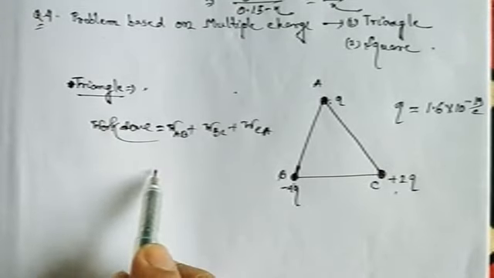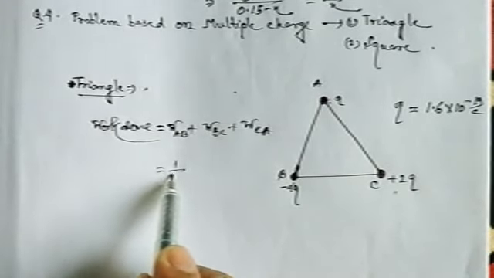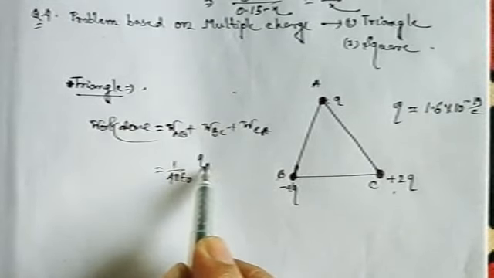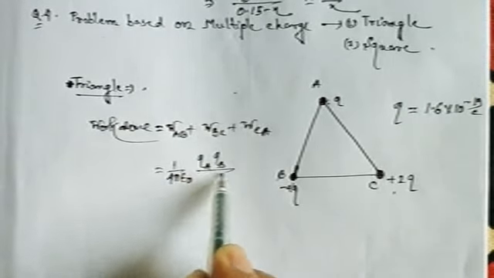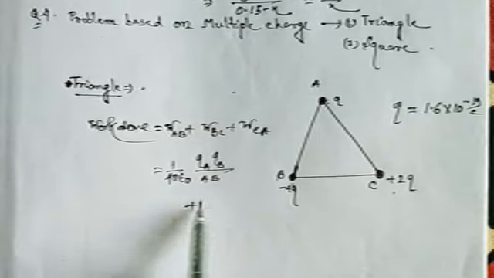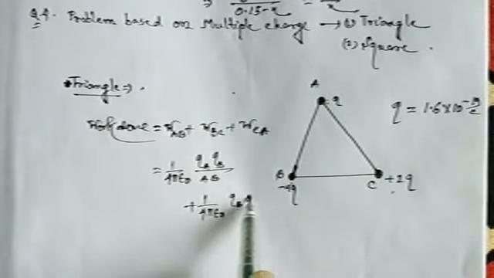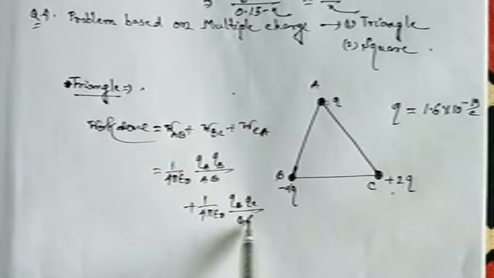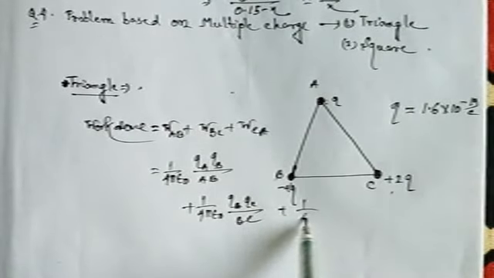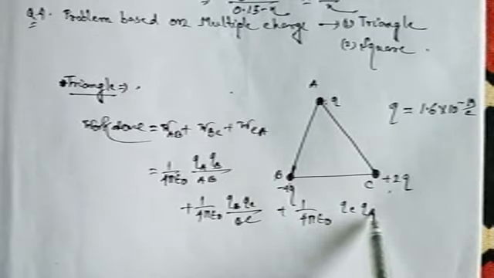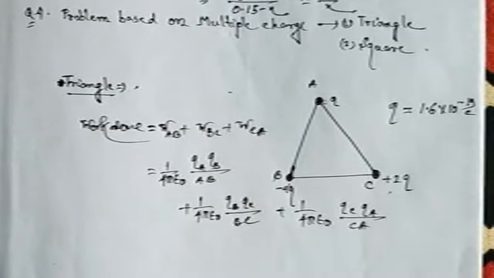Therefore work done between AB we can write as 1 by 4 pi epsilon naught QA QB by AB, plus 1 by 4 pi epsilon naught QB QC by BC, plus 1 by 4 pi epsilon naught QC QA by CA.